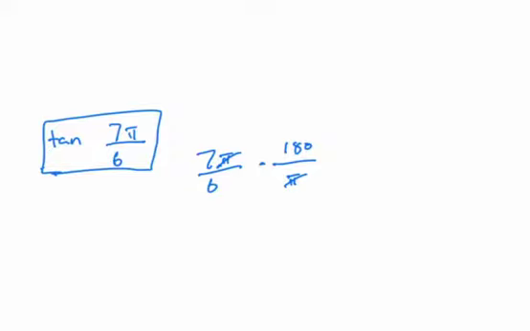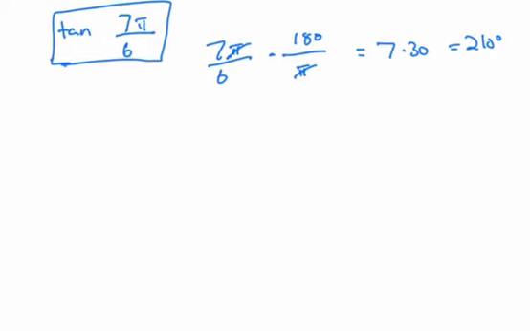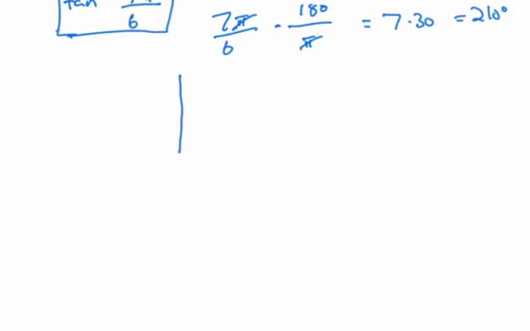So I've essentially got 7 times 30, and that puts me at exactly 210 degrees. Now let's do a rough sketch so we know where we are. We start here, and then come around 90, 180, and then to get to 210 I need to go another 30.